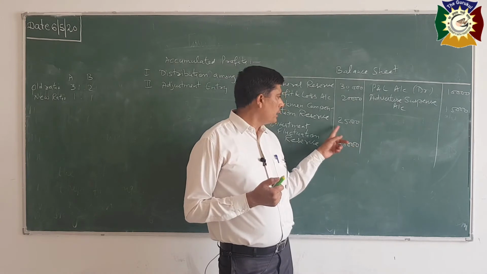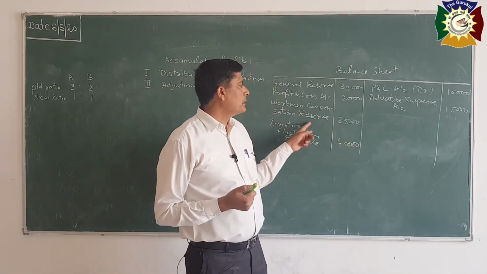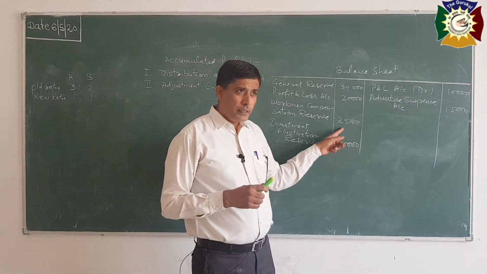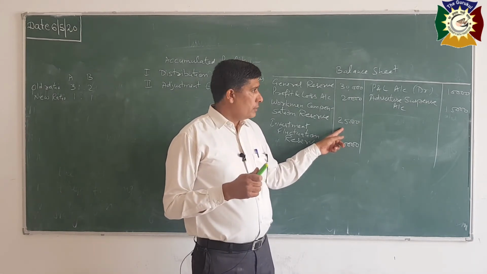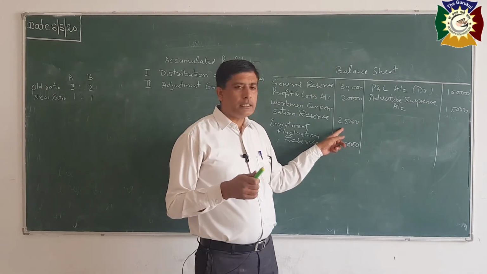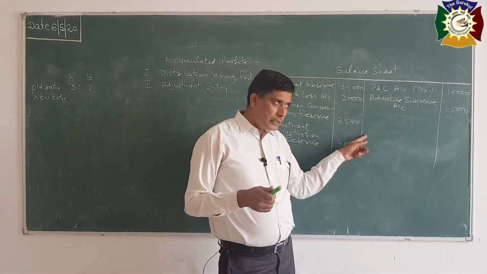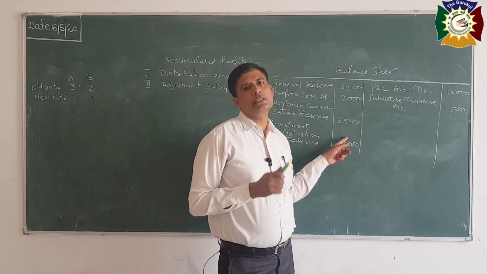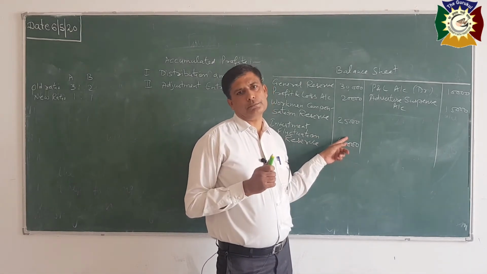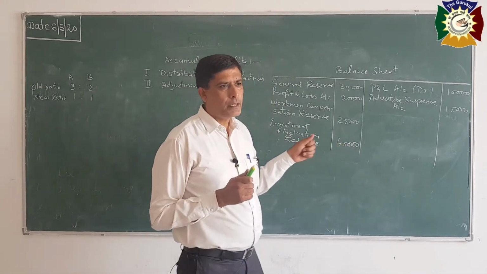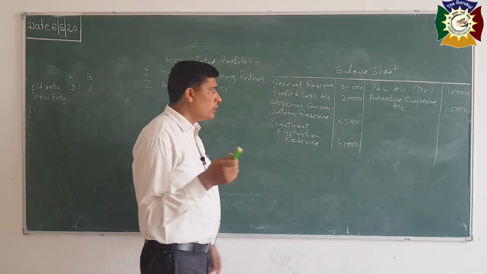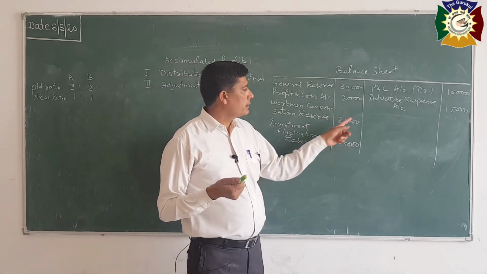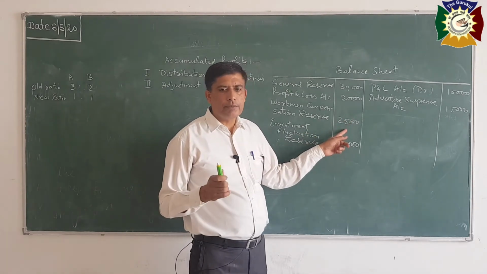So the entry will be workman compensation reserve debit 25,000 to provision for workman compensation claim account 15,000 and to A's capital, B's capital remaining 10,000 in 3:2, 6,000 and 4,000.